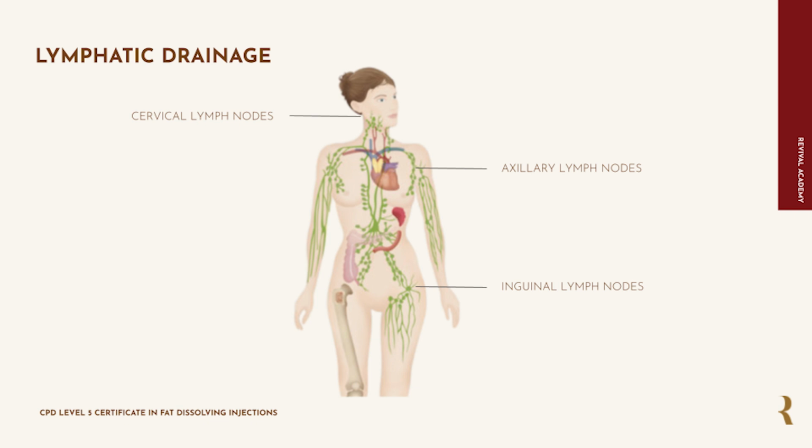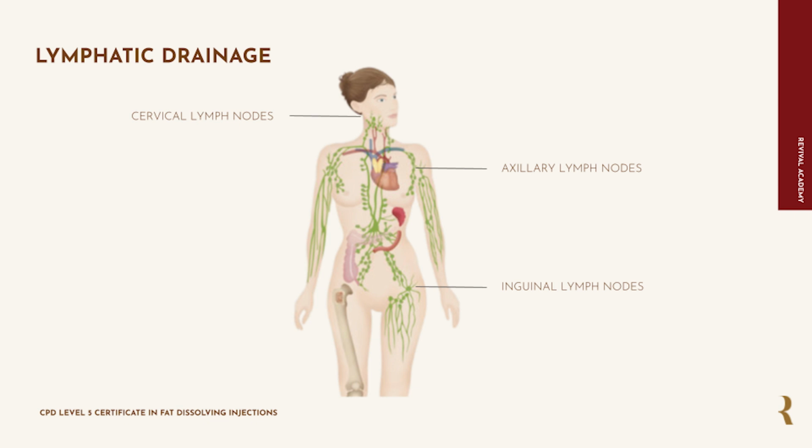So for example, you have the cervical lymph nodes. These are right where your neck is. If your client has had the chin done with the fat dissolving solution, they would need to do a lymphatic drainage massage towards the cervical lymph nodes. It's the same with the axillary lymph nodes, which are right underneath the armpit.